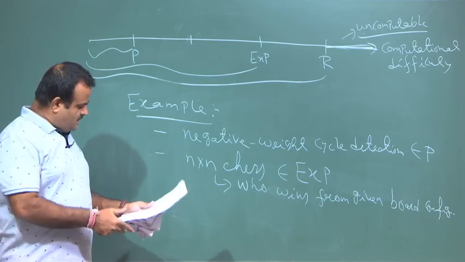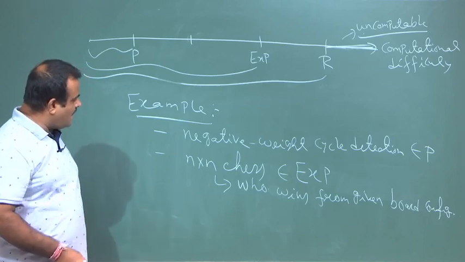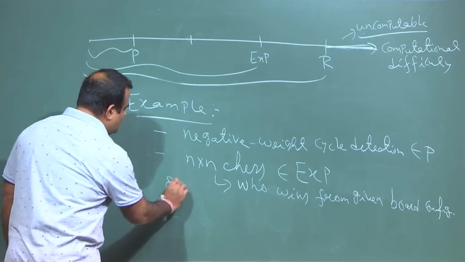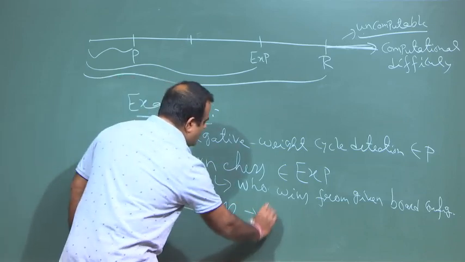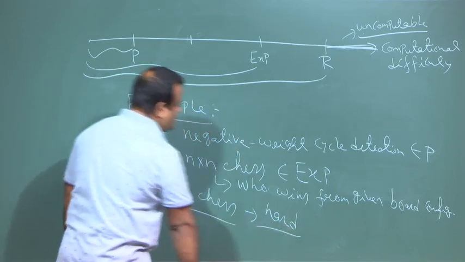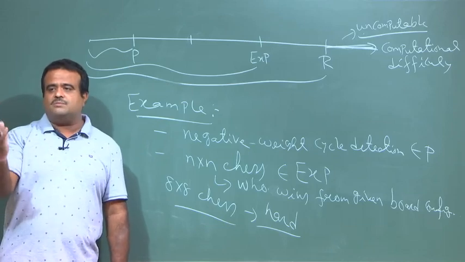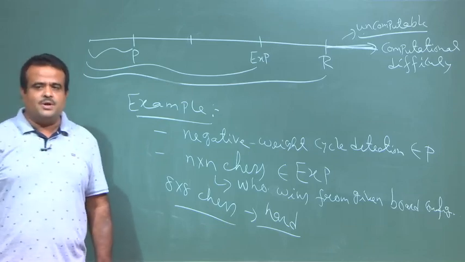This problem is hard, even for an 8 cross 8 chessboard. That means there is no polynomial time algorithm to solve this problem.